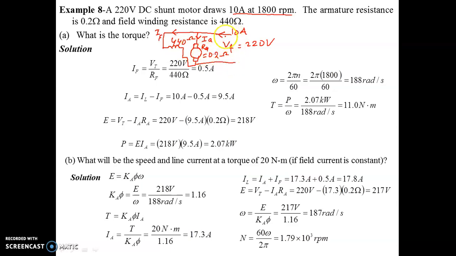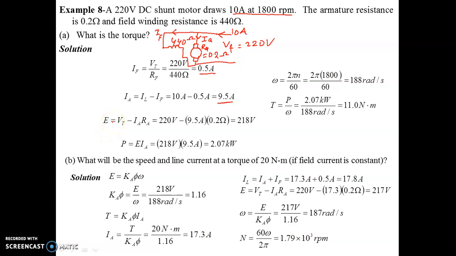The voltage at the parallel branch is 220 volt and the resistance is 440, so Vt divided by 440 gives 0.5 ampere. After subtracting 0.5 ampere from 10 ampere, we get 9.5 ampere going to the armature of the machine. Now this is the induced EMF.